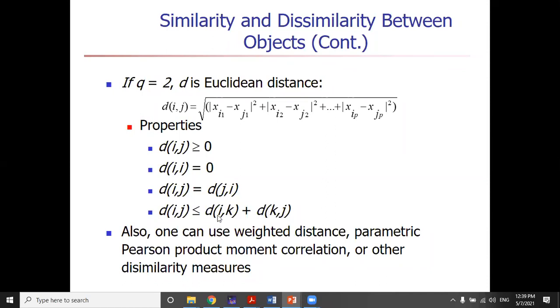Then you sum those two distances to calculate the total distance between i and j. So k works like an intermediate object through which you can calculate the distance from i to j. Without k it is not possible, because they are not directly connected, or there is no direct path available between i and j. Clear? Yes, sir.